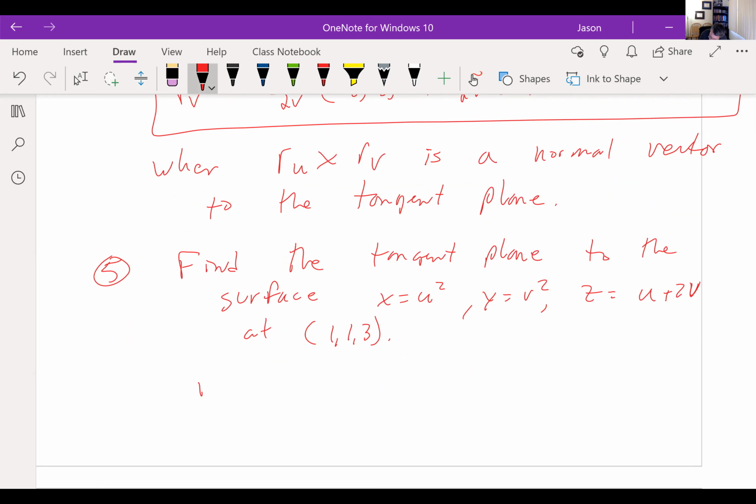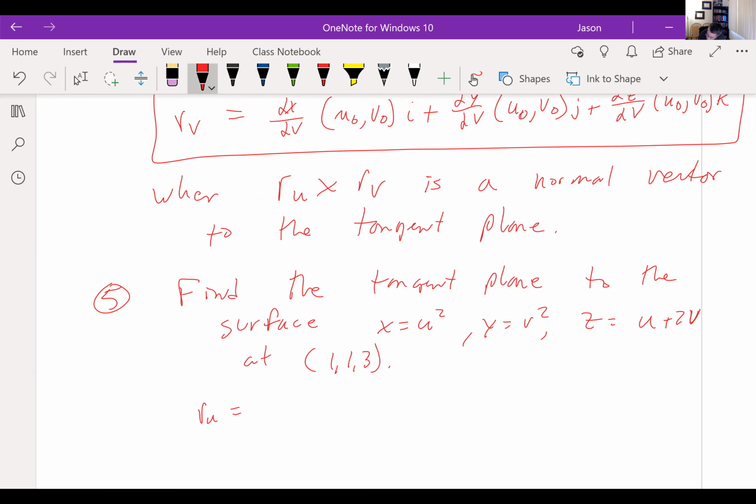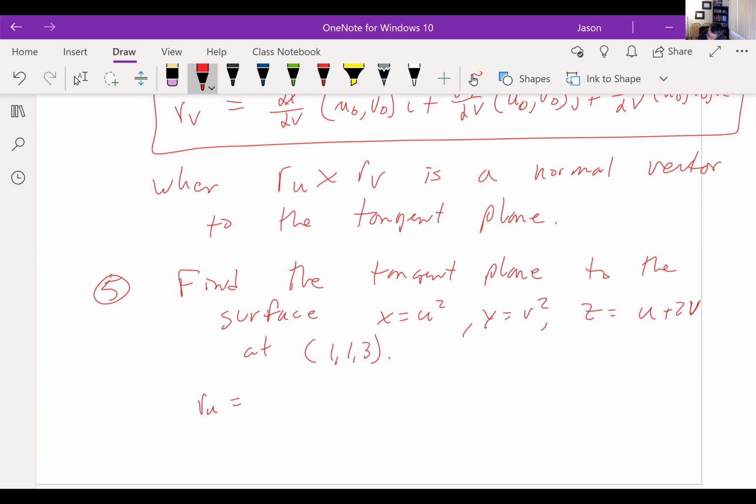Well, r sub u is equal to the partial of x with respect to u, which is 2u i, plus the partial of y with respect to u, which is just 0j because there is no u, plus the partial of z with respect to u, which is just 1k.